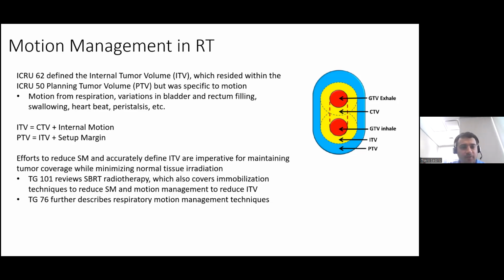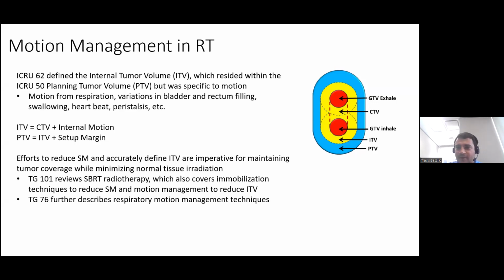The combination of these two margins gives us today what we know as the PTV. That's very common across all areas of radiotherapy: all radiation plans now have a PTV. There are a few that don't, if you're doing very high dose SBRT type of treatments, but most of them have a margin around them that accounts for this internal motion as well as this setup error.